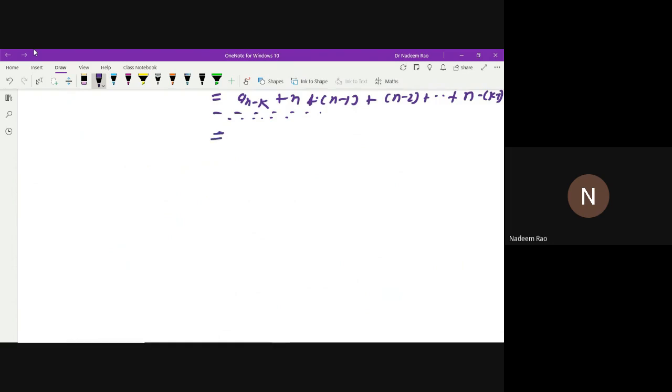So now, replacing, if we want here a_1, we know the value of a_1. How we will get the 1? Obviously, if you put in place of k, n minus 1, then we will get the 1 here.